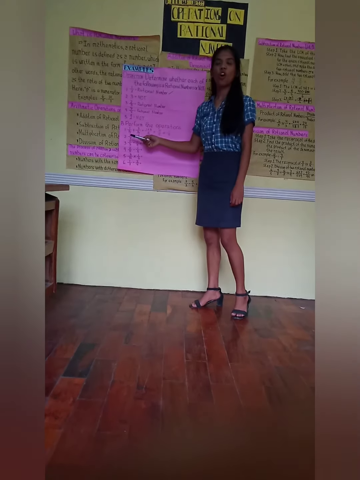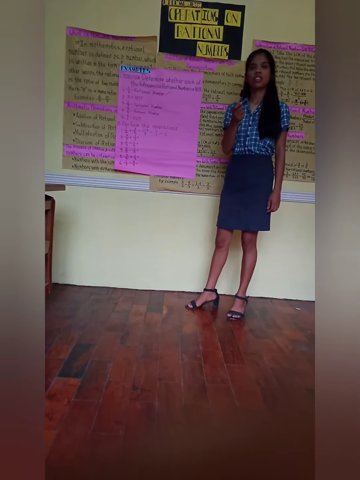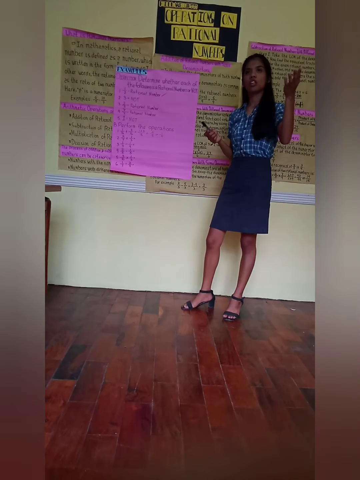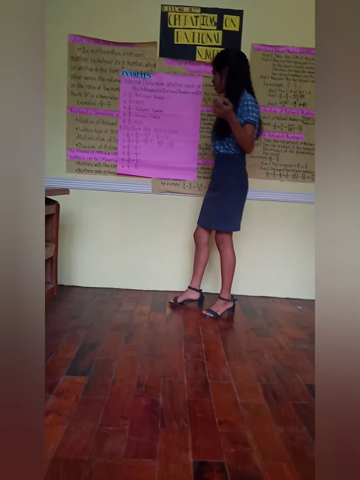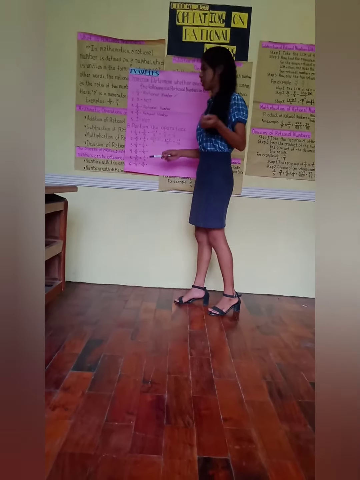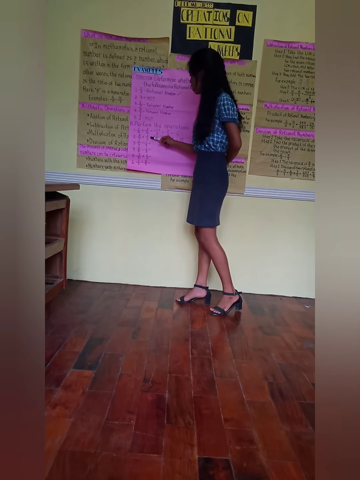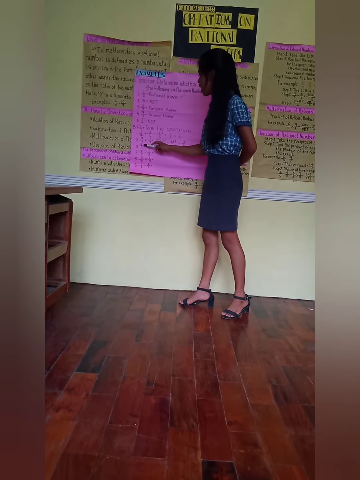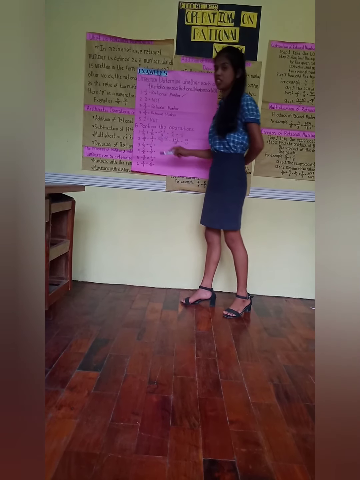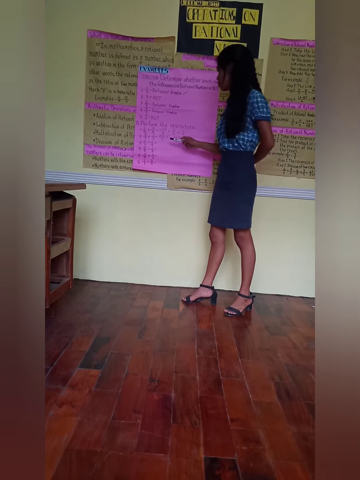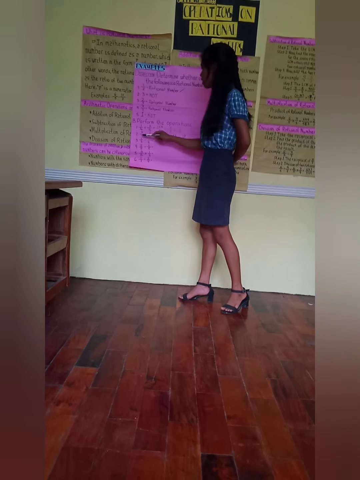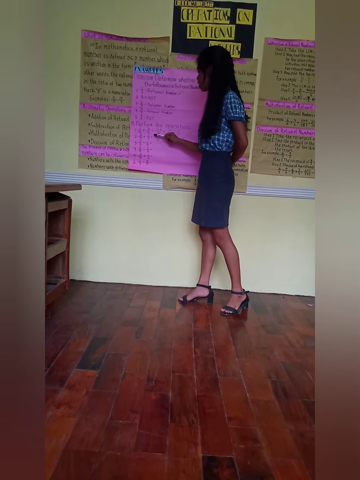Number 2, who wants to solve? Mr. Paul. So very good, Mr. Paul. Your answer is correct. 2/7 plus 1/3 is equal to, what is the LCM of 7 and 3? Very good, 21. So 21 divided by 7 is 3.